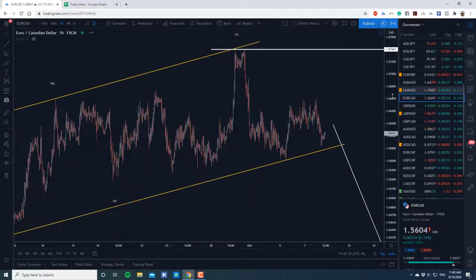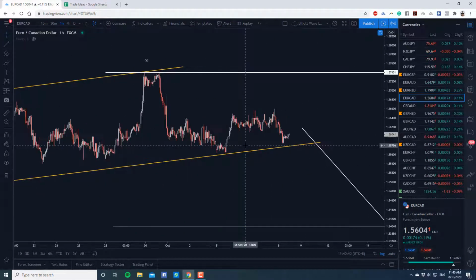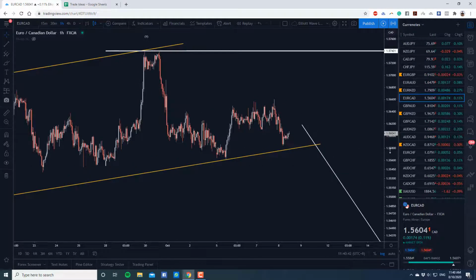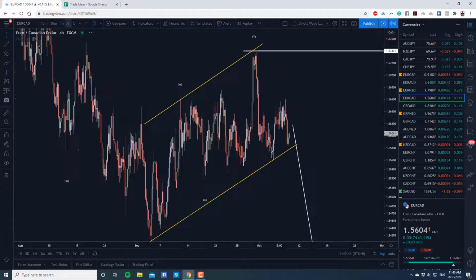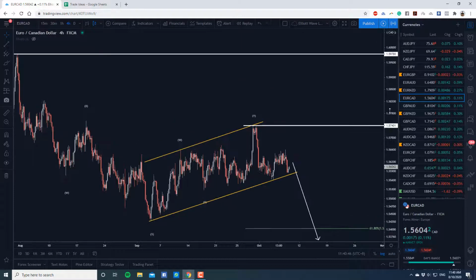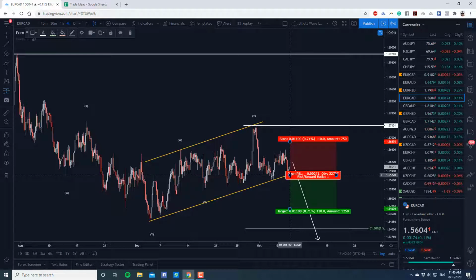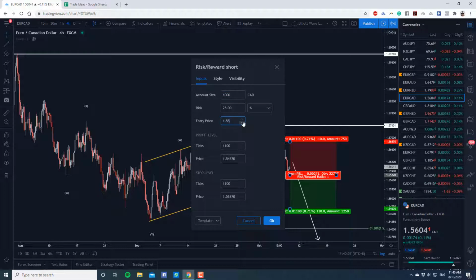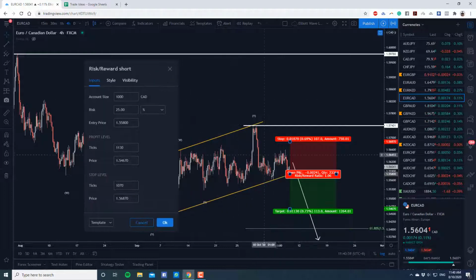EURCAD is a pair that you don't need a very wide stop loss to trade. Of course, on the 4-hour time frame your stop loss might be wider. In this case, base it on a break of this low around 1.5580, just slightly below it to account for the spread, and put the stop at this high around 1.5660.